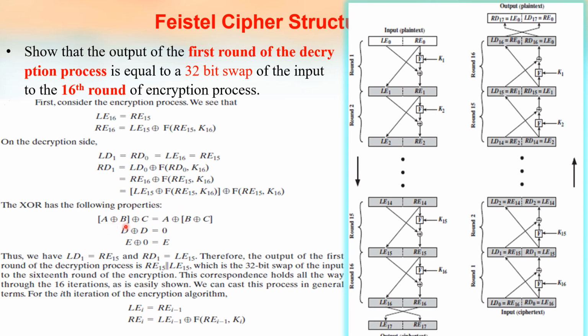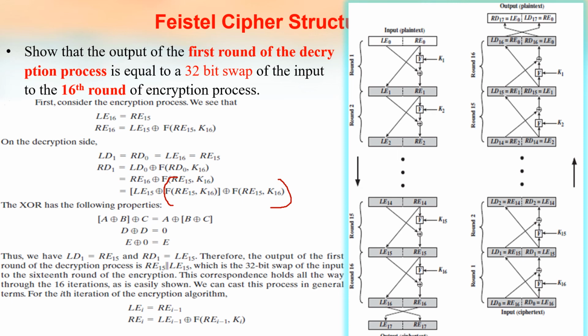One property is the associative law, A XOR B XOR C equals A XOR B XOR C. I can apply it here. Where this bracket is there, instead I can put the bracket over here: LE15 XOR, then bracket, F of RE15 comma K16 XOR F of RE15 comma K16. Since I can use this law, I have regrouped it.